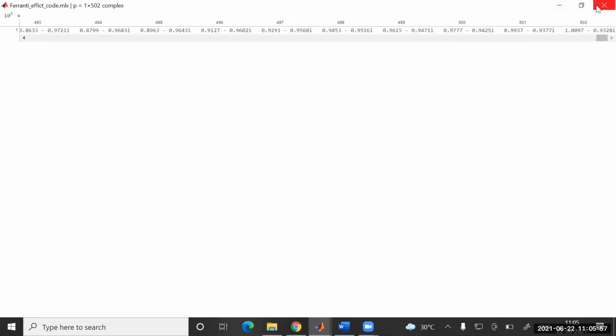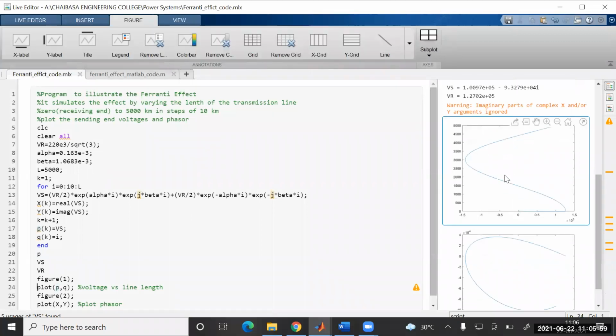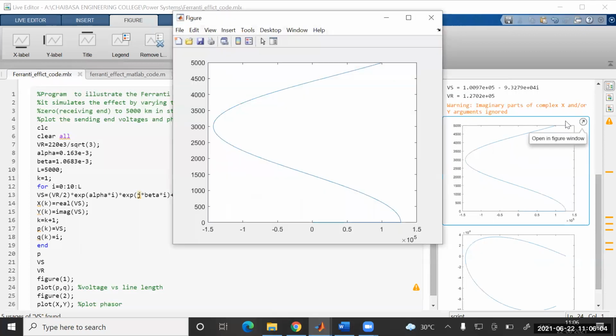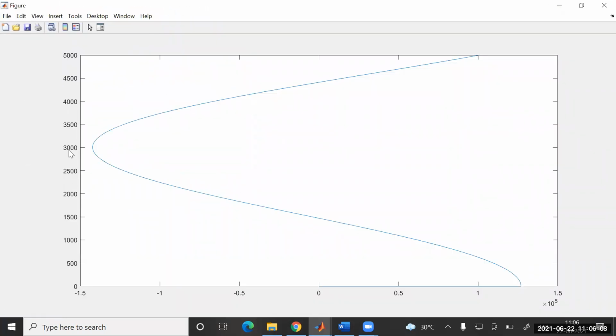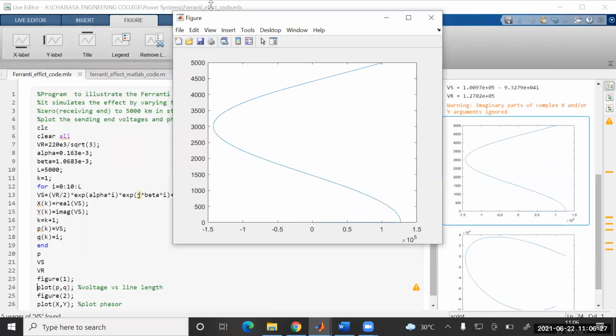This is what we could easily show you, and this is the figure you could see. This is your increase in length, at 500 kilometer, 1050, 5000 kilometer, and these are your voltages.